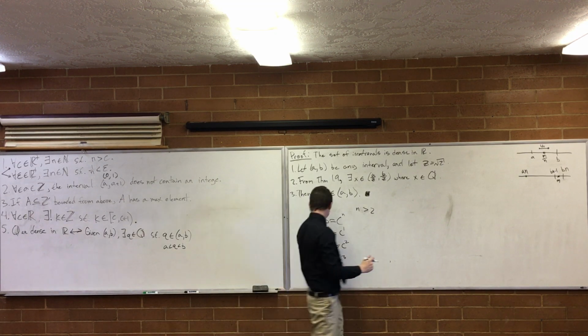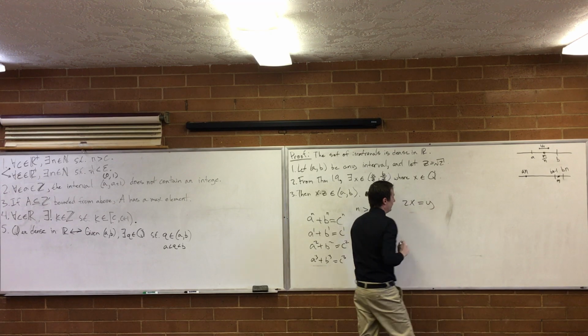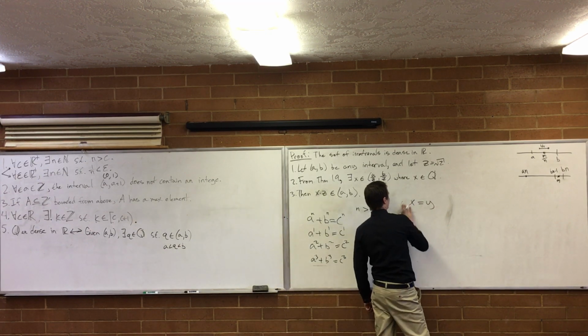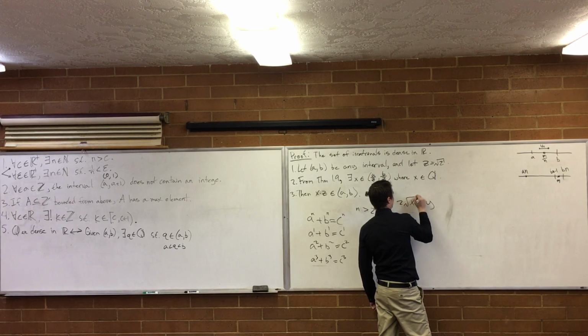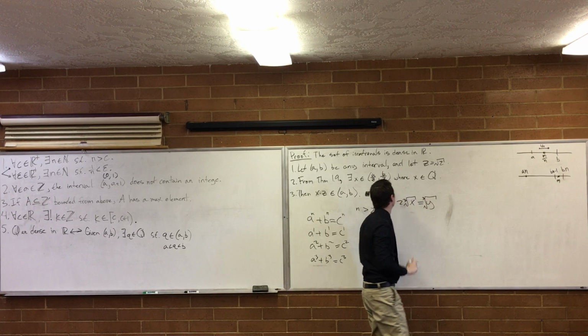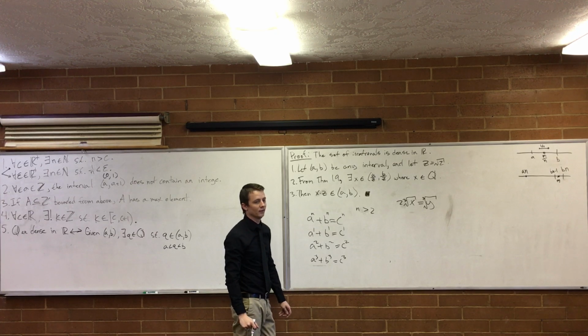Let me think. So I want 2x equal to y, so that 2 times the cube root of x is equal to the cube root of y. Pick an x and you should be able to find a y which satisfies that.